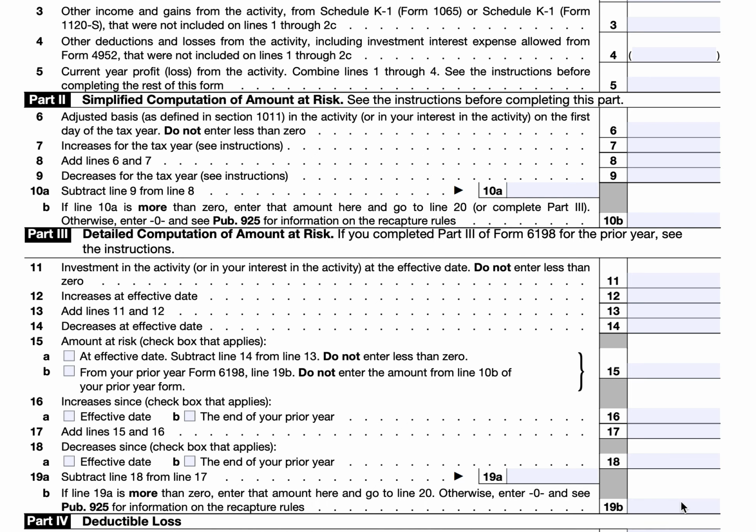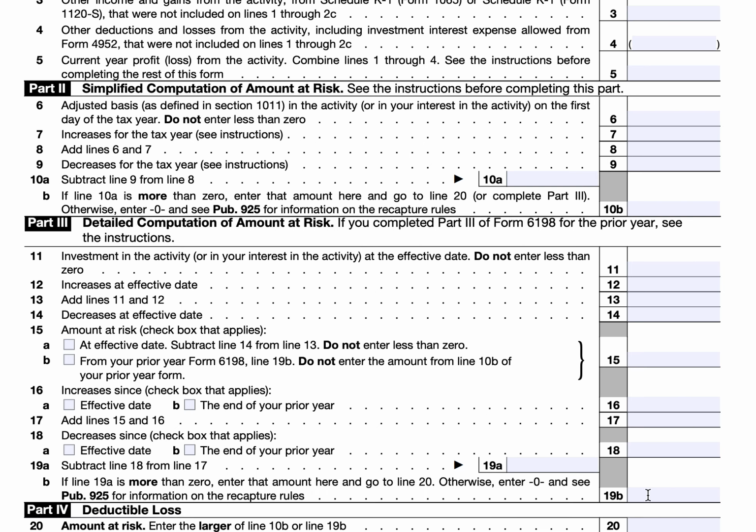You'll simply go to your prior year form and enter the amount that's here. And then you do not need to go through the investment in activity and increases and decreases. You've already done that. So the line 16 are increases since either the effective date or the end of your prior year.